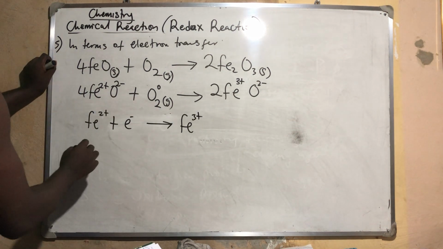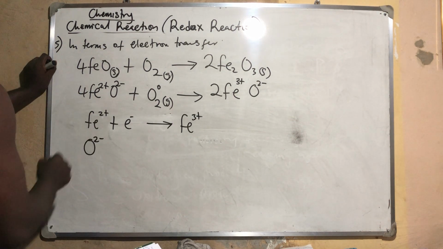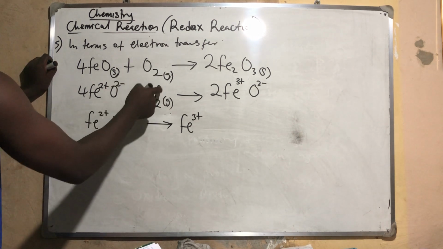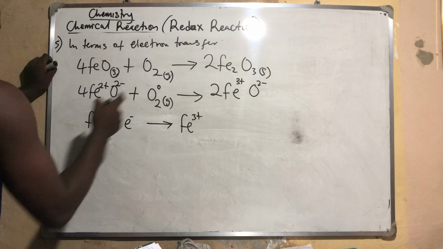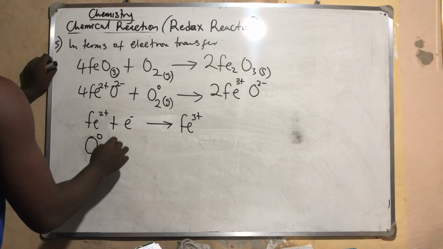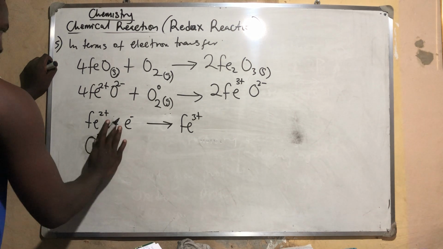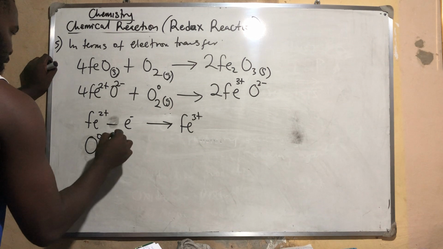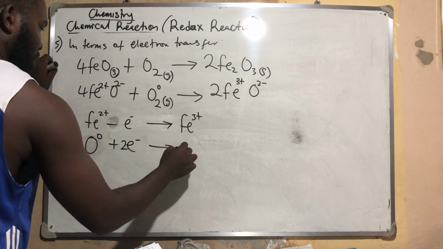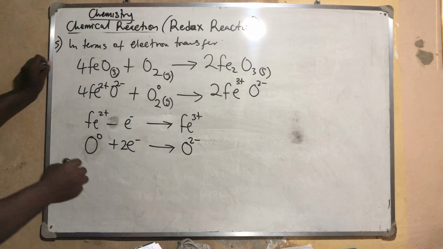But look at oxygen here. Oxygen was 0 here. Then he now accepted, sorry, he gave out. So he now accepted how many electrons? 2 electrons to become O2 minus. Are you getting it?